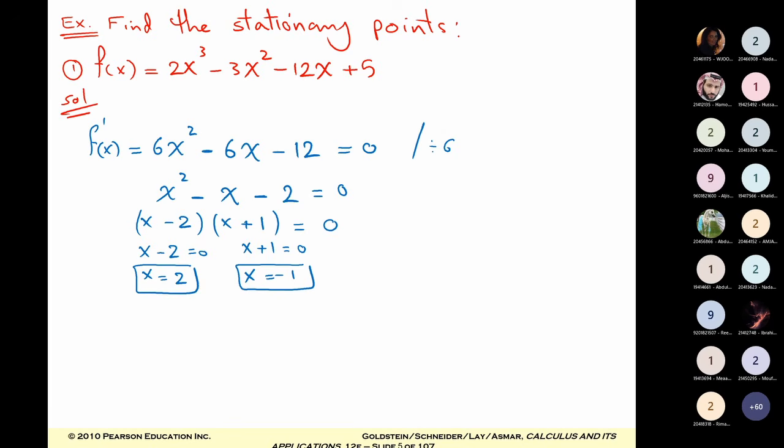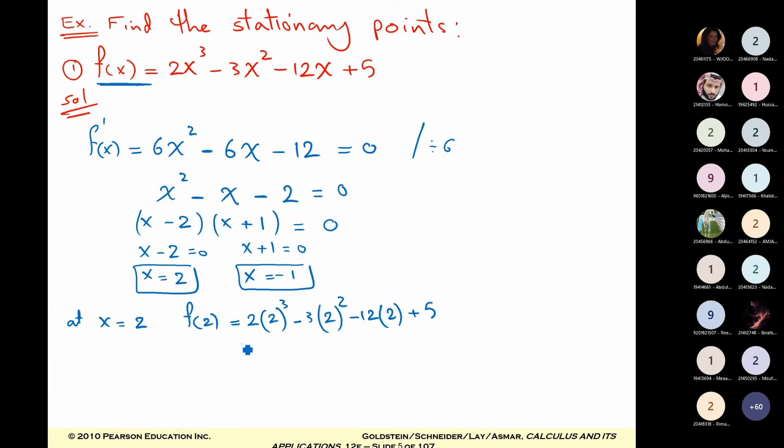To find the point at x equal 2, we need to find f of 2. f of 2 equals what? This is the function f. We substitute 2 multiplied by 2 to the power 3, minus 3 times 2 squared, minus 12 multiplied by 2, plus 5.